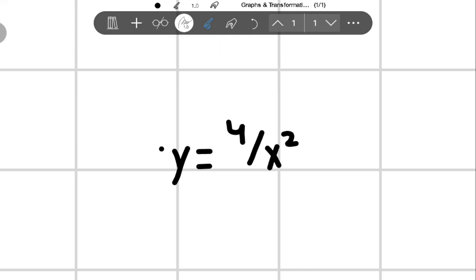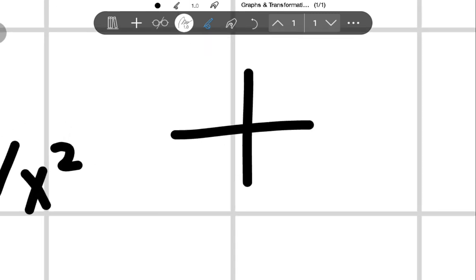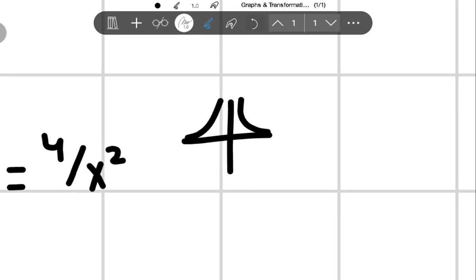Moving on, let's go to the reciprocals where we have x squared as a reciprocal, or denominator, you could say. So as I said, this is generally the look of k over x squared when k is greater than 0, as we have here.